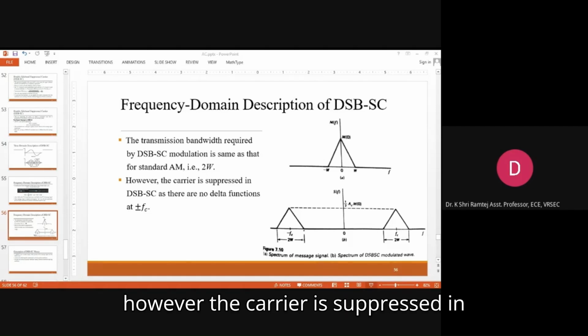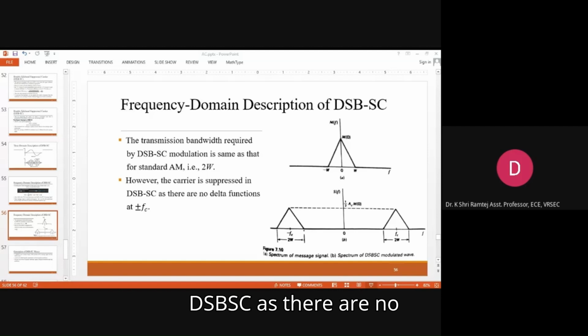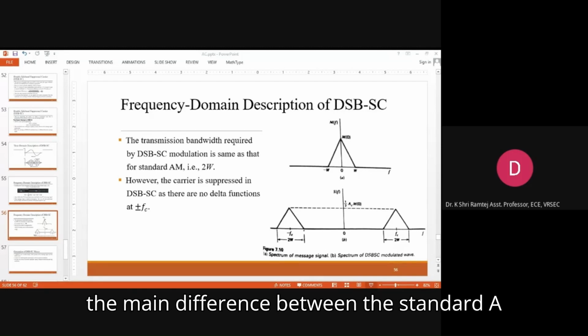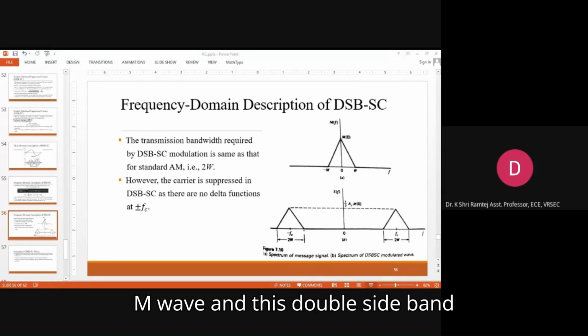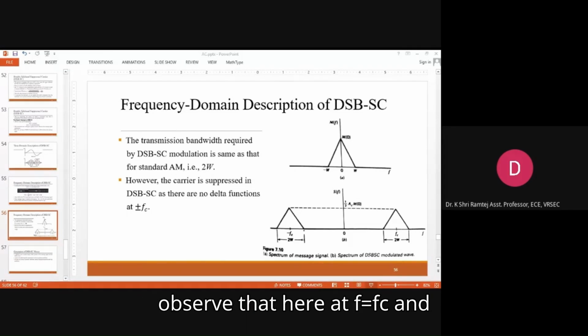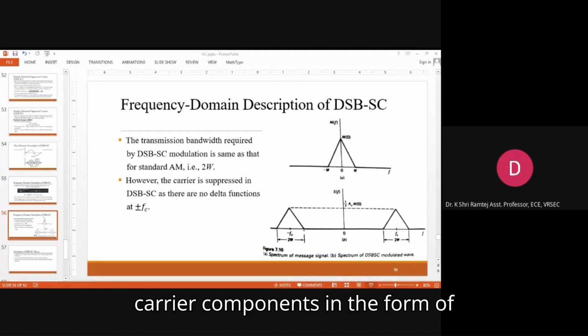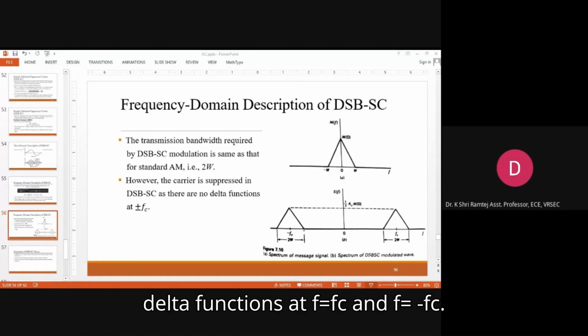However, the carrier is suppressed in DSB-SC, as there are no delta functions at plus or minus f_c. So the main difference between the standard AM wave and this double sideband suppressed carrier is that here, at f equal to f_c and f equal to minus f_c, the delta functions have been removed. In the standard AM wave, there will be carrier components in the form of delta functions at f equal to f_c and f equal to minus f_c.